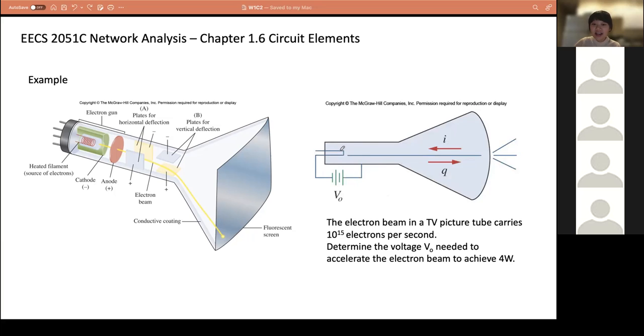So let's see, this electron beam in a TV will carry 10 to the 15 electrons per second.